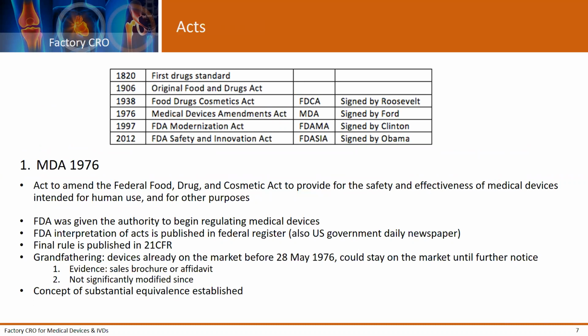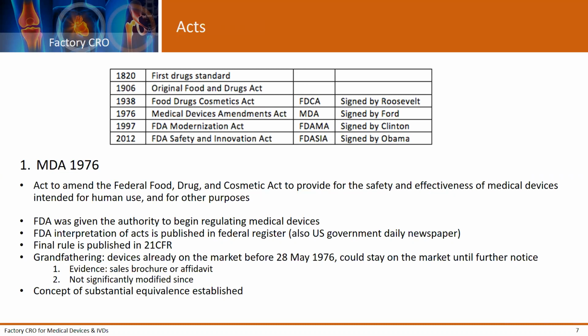To begin with, there is a chart. I would briefly like to touch on the acts that have been implemented. As you can see, the first drug standards have been implemented in the 1820s. In 1967, the Medical Devices Amendment Act was implemented, and it was the act to amend the Federal Food, Drug, and Cosmetics Act.